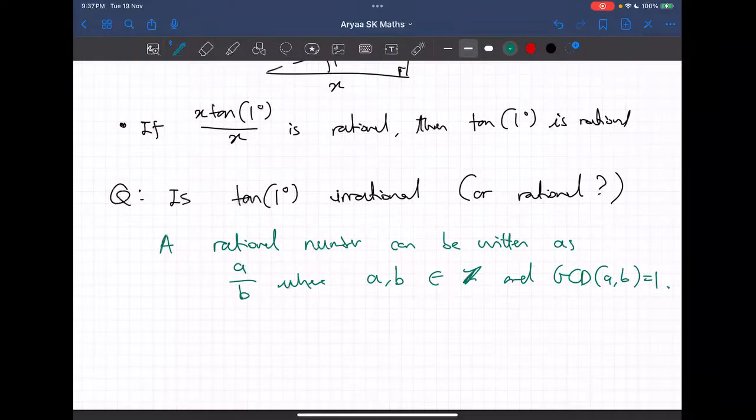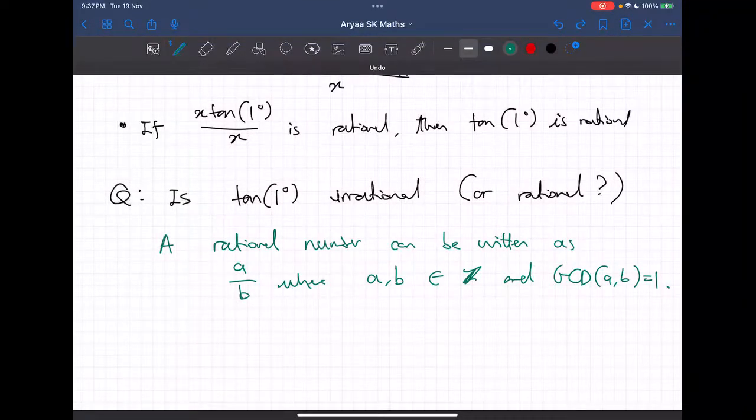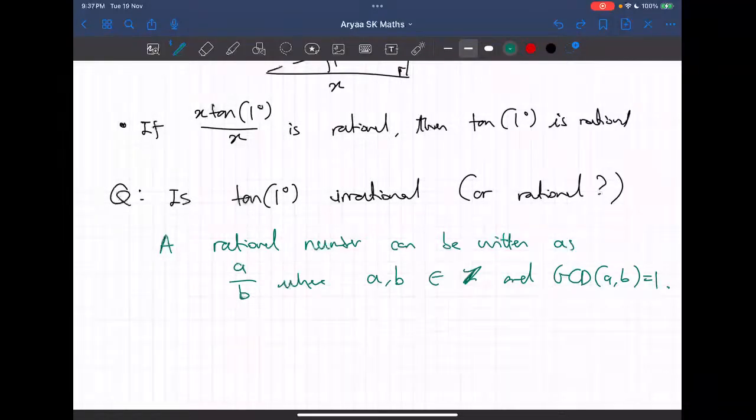So that's the definition of a rational number. Now, how could we show that tan of 1 can be written as a rational number, or maybe show that it can't be written as a rational number?